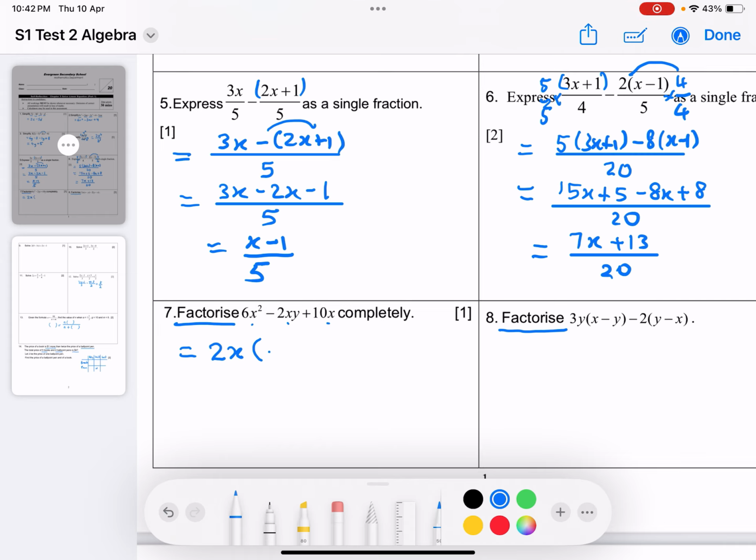Now we have brought out 2 from 6, so we are left with 3 because 2 times 3 is 6. We have brought out 1x, so 1x remains because x times x is x squared, and this is minus 2x taken out, so what is left is y. Then 2x is brought out, so what is left is plus 5. So now our answer is in bracketed form. We have two factors, one multiplied by the other. This is what we mean by factorize.